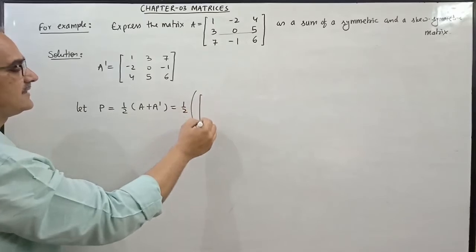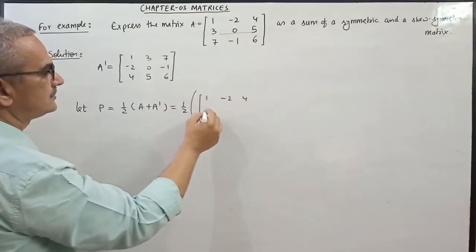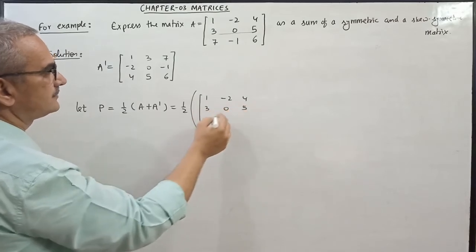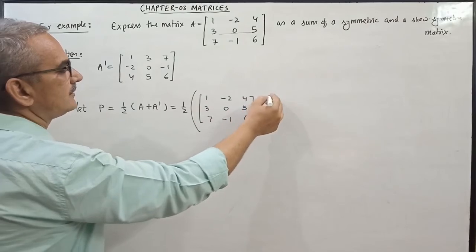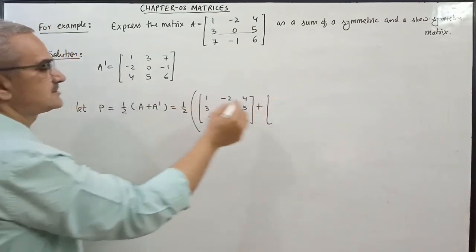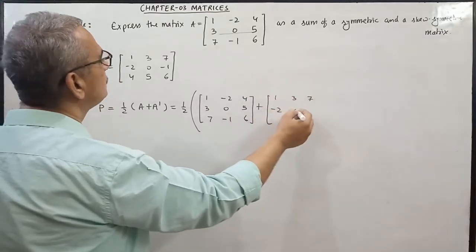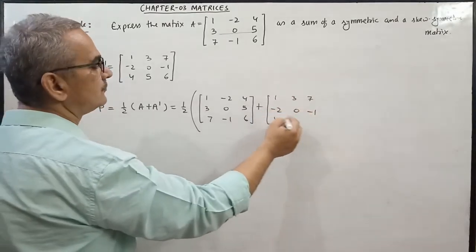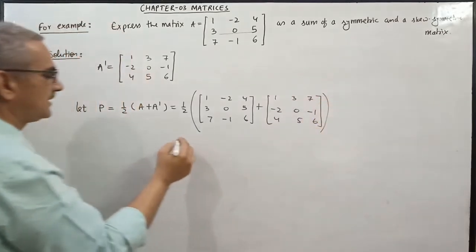So matrix A is here, 1 minus 2 4, 3 0 5, 7 minus 1 6. And the transpose of this, that is A dash, is 1 3 7, minus 2 0 minus 1, 4 5 6.